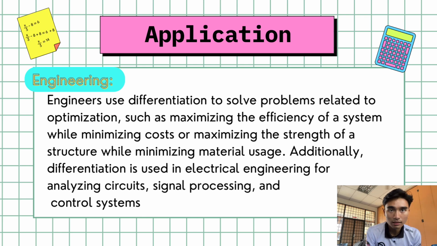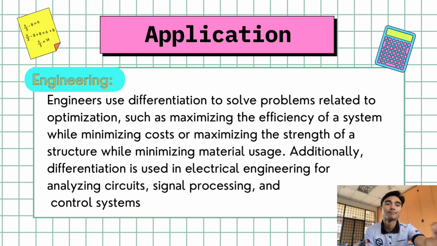Additionally, differentiation is used in electrical engineering for analyzing circuits, signal processing and control systems. Analyzing circuits, for example, the difference between series and parallel circuits that we know. In a parallel circuit, the current through the circuit is constant. The second one is signal processing. For example, we can see at an oscilloscope that shows a signal as a waveform.